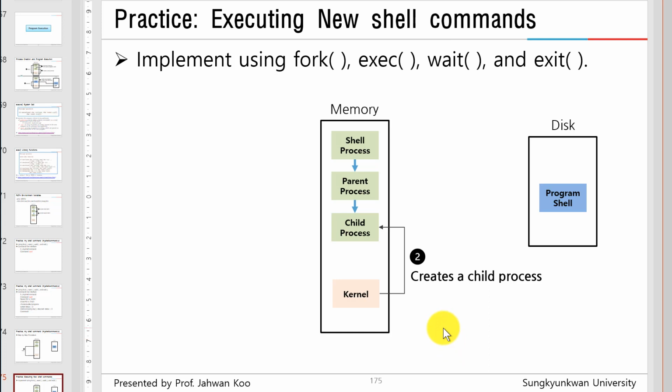The kernel creates a new memory space for the child process, that is to say, the memory duplicate of the parent process. The child process inherits the parent stack segment, parent heap segment, and parent data segment. And the program code can be shared by the two processes.